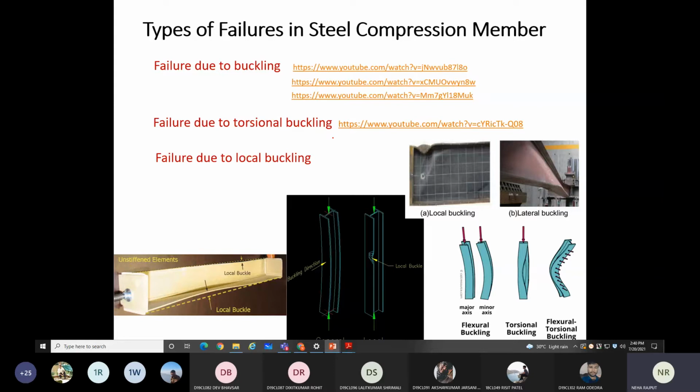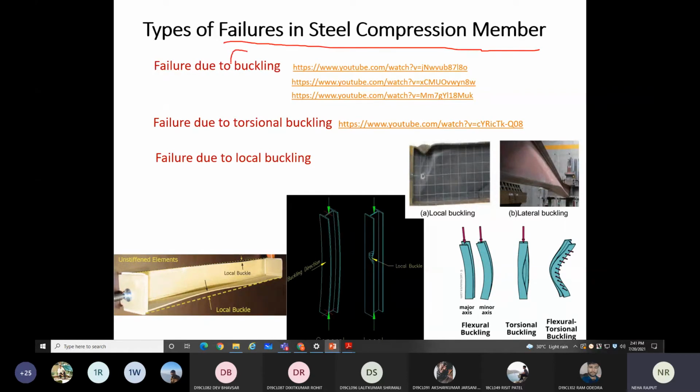So here also you must learn about the types of failures in a steel compression member, how the steel compression member fails. That knowledge you must have, then you can understand the safer design of the steel member. So basically a steel compression member fails in these three types.